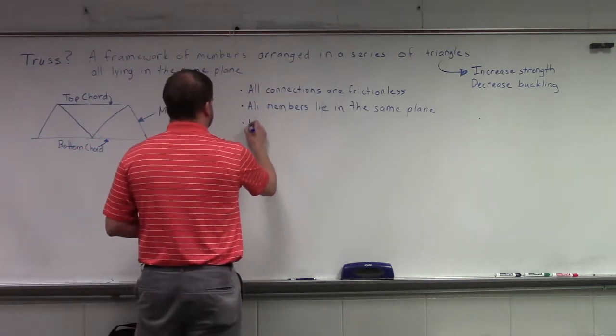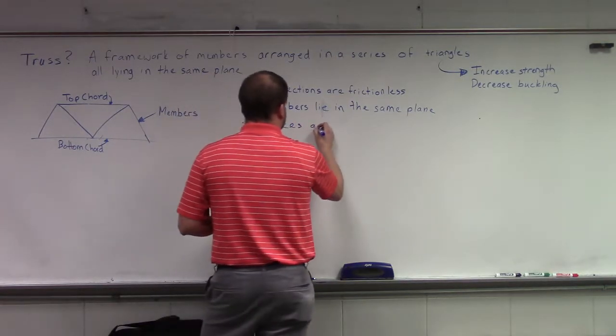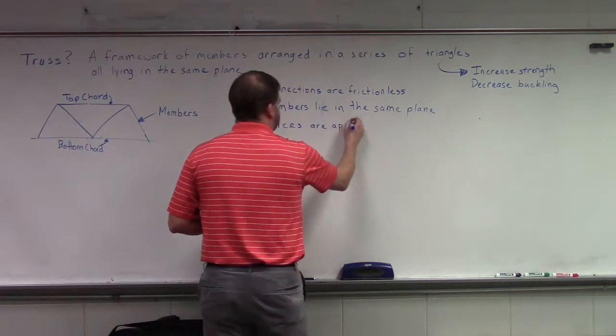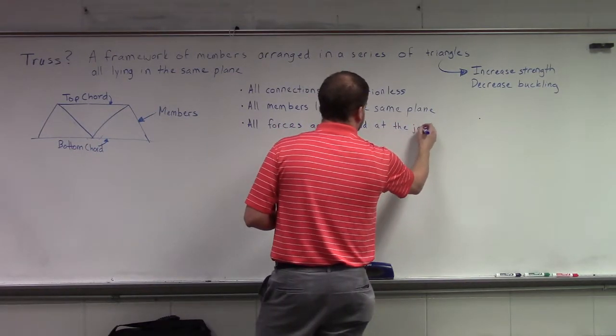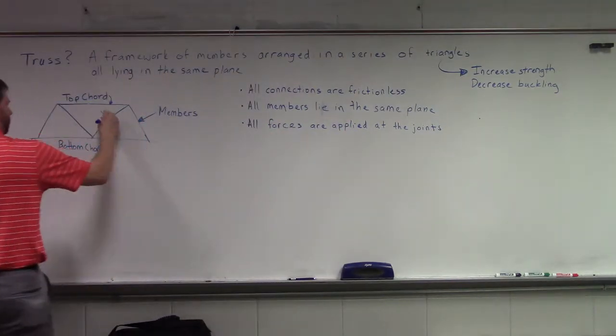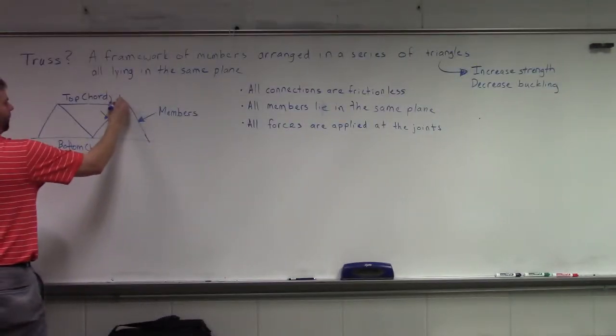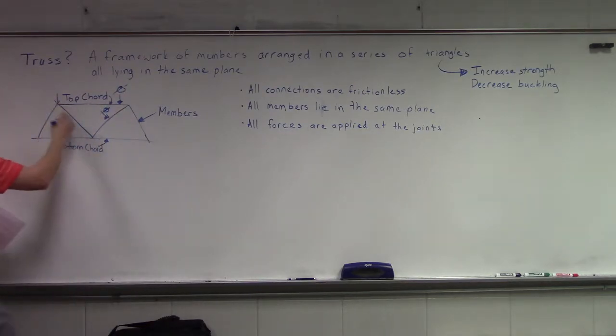We are also going to assume all forces are applied at the joints. So we aren't loading here. We aren't loading here. Our loading conditions are going to be of this nature, right? Just allows for ease of analysis.